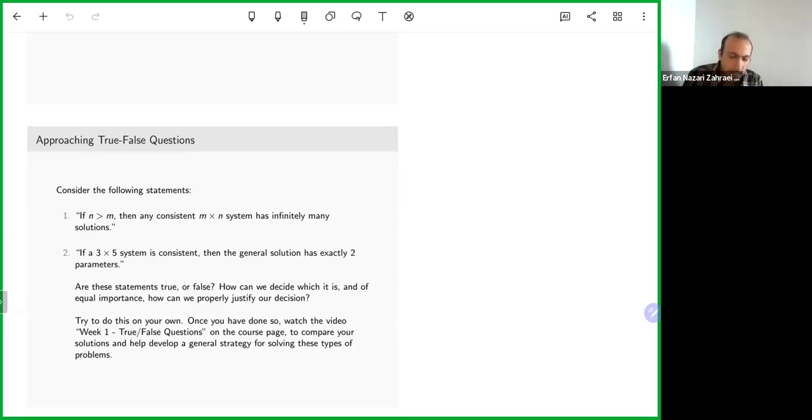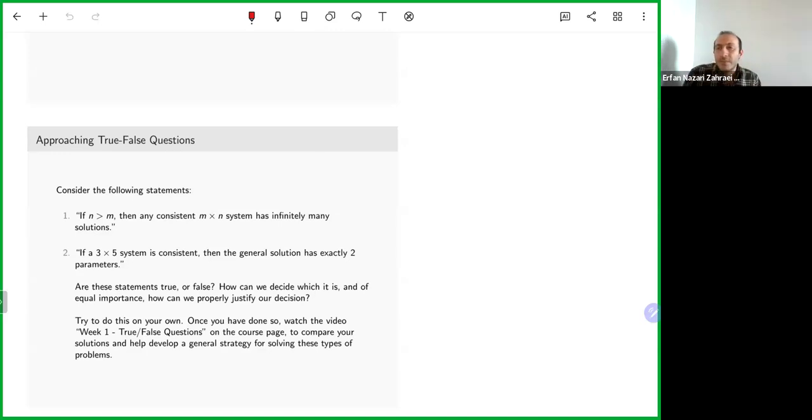So in this example, we have a very simple true false question. Let's just practice together. What is the general idea of doing a true false question? While it's very hard to give a general algorithm to do a true false question, you can have a general idea of what we should do.